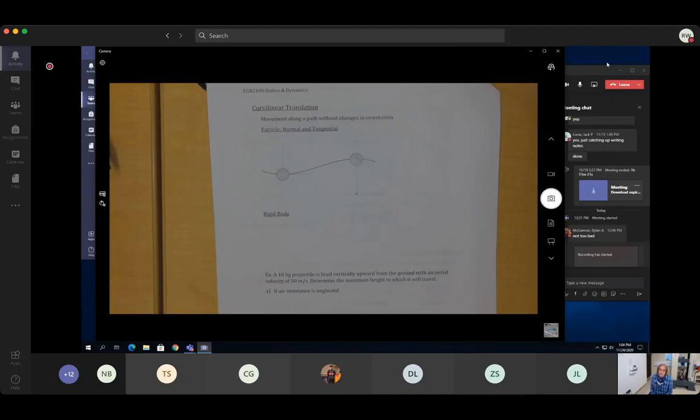And so we're following that path, but we're not changing our orientation. And so we said before that this is kind of like the carts on a Ferris wheel. So as you're going around the Ferris wheel, you're following a circular path, but you aren't actually changing orientation. The car stays vertical the whole time.